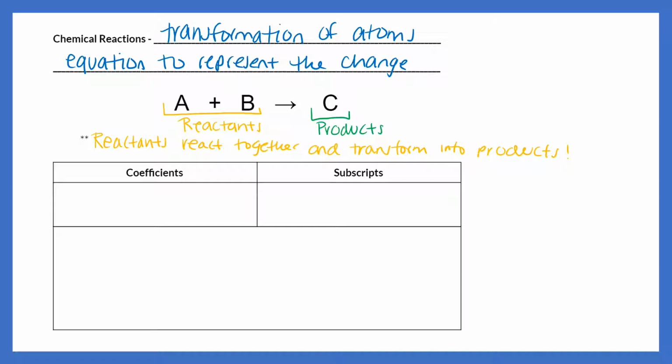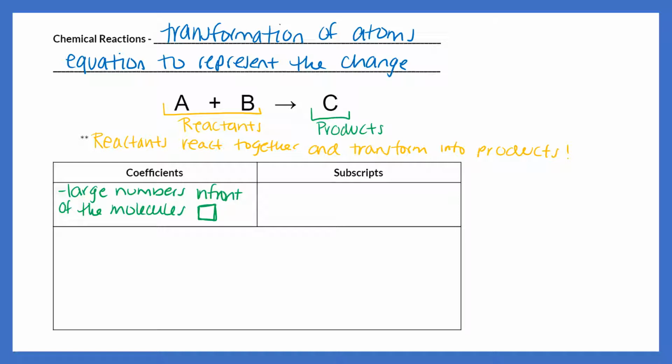In a chemical equation, you can have something called a coefficient, which are the large numbers in front of the molecules. And we're going to show these by boxing them in.